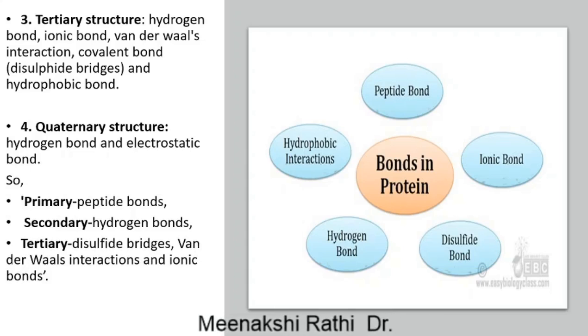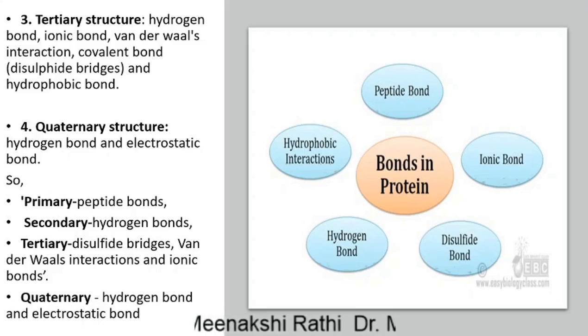In tertiary structure, disulfide bridges, van der Waals interaction and ionic bonds stabilize the structure, while quaternary structure is stabilized mainly by hydrogen bond and electrostatic bond. So, protein structure, whether it is primary, secondary, tertiary or quaternary, is stabilized by some covalent bonds and some non-covalent bonds.